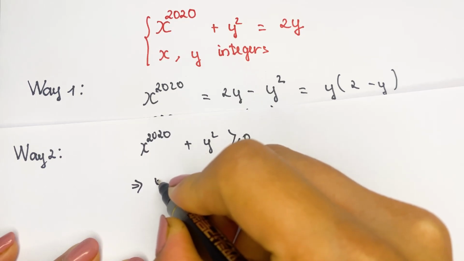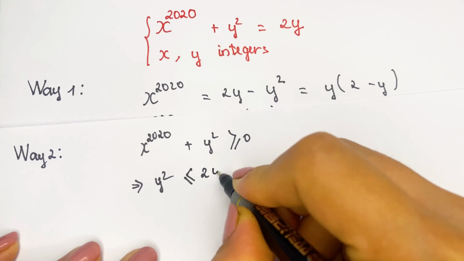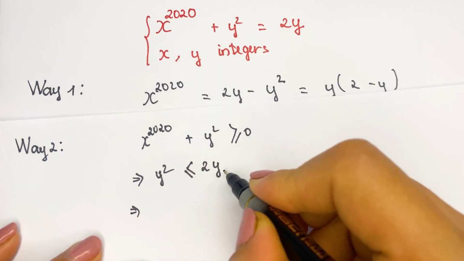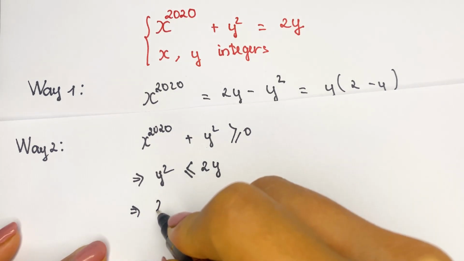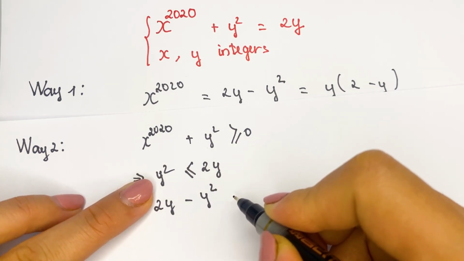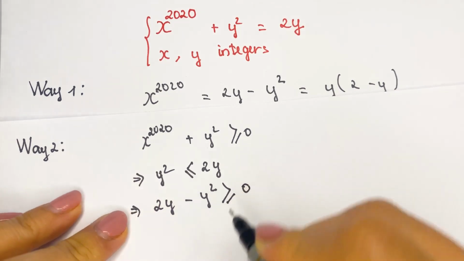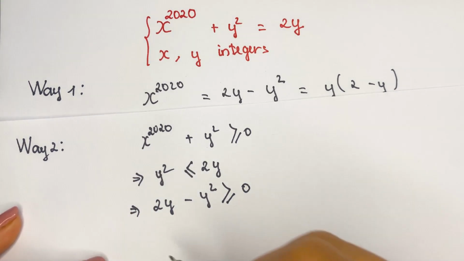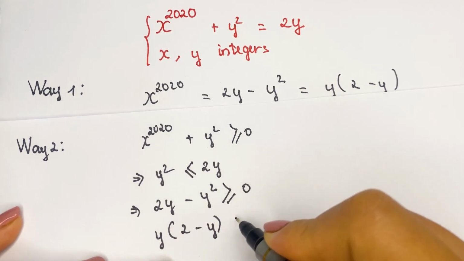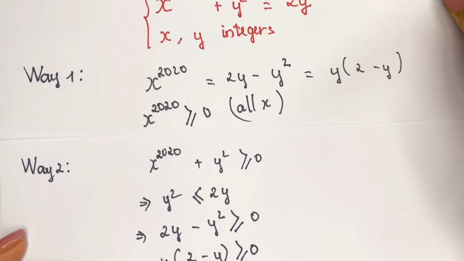Means that y squared is less than or equal to y. So you need to move y squared to the other side. Therefore, we can say 2y minus y squared is greater than or equal to 0. So y(2 minus y) is greater than or equal to 0 too.